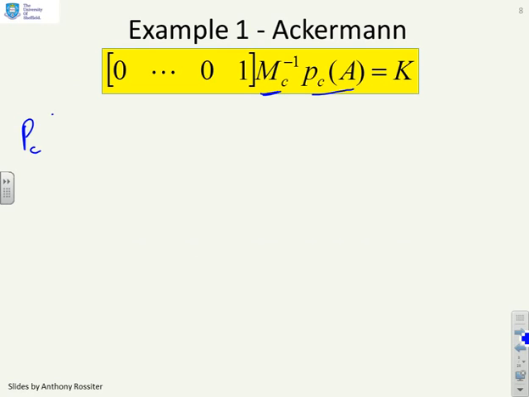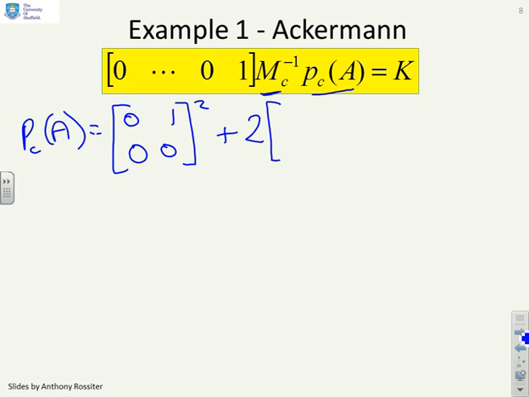So PC of A is going to be [0, 1; 0, 0] squared plus 2 into [0, 1; 0, 0] plus 1.25 into [1, 0; 0, 1].